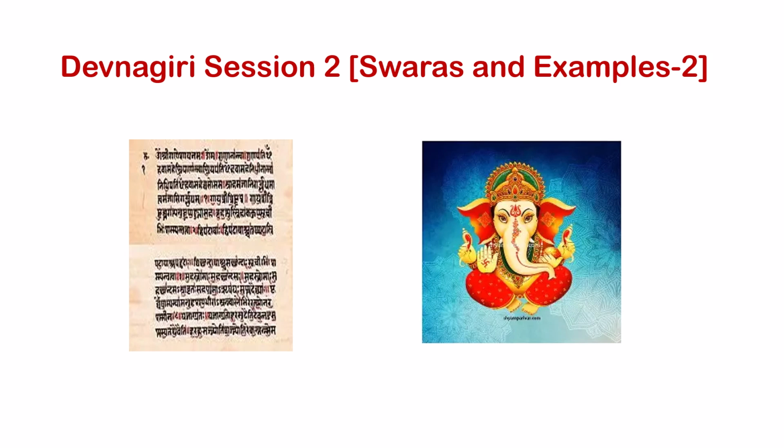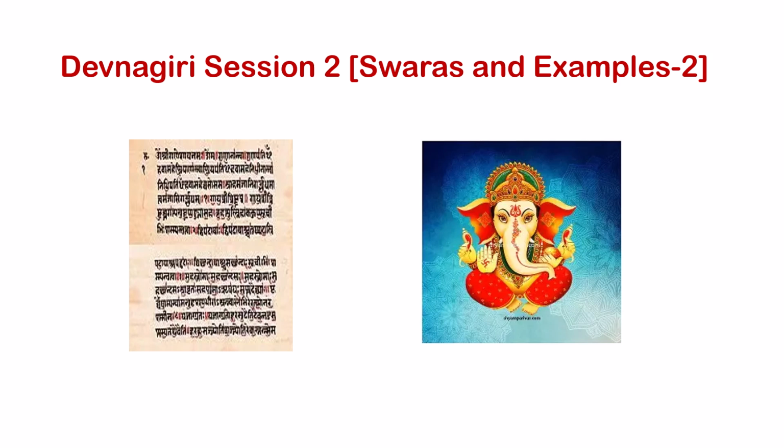For example, evam means together. If I say, aham phalam jalam evam pibami, I have fruits and water together. So, a and e together we get this swara. So this is the next swara.